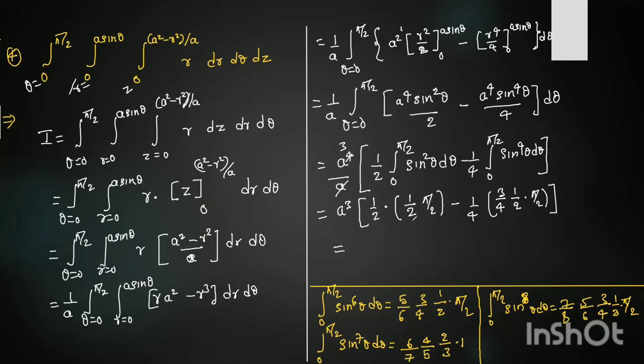Here a cube pi by 8 minus 3 pi by 64. 64 is the LCM, so 8 times 8 is 64. 8 will be in the numerator. Sir, 8 a cube minus 3 pi by 64. Pi a cube by 64. Yes, 5 pi a cube by 64 is the final answer.